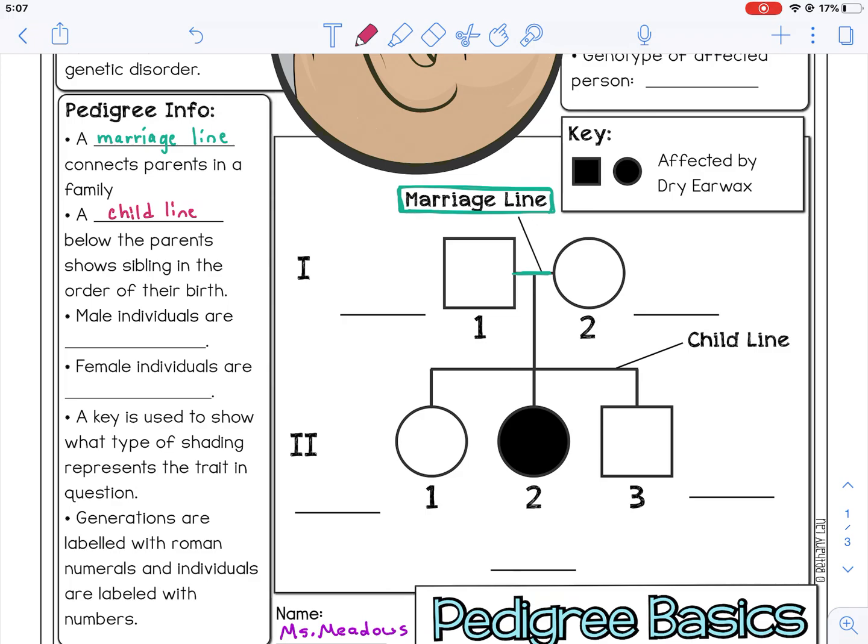A child line below the parents shows the siblings in the order of their birth. This is a child line, and it shows the siblings in the order of their birth.